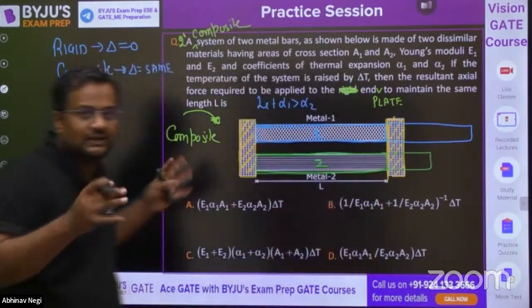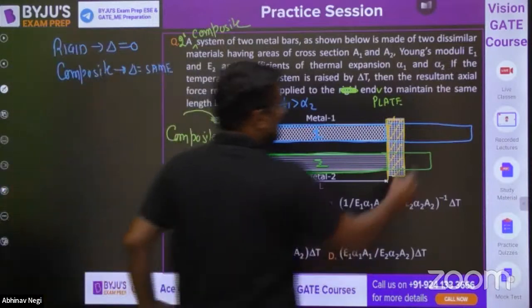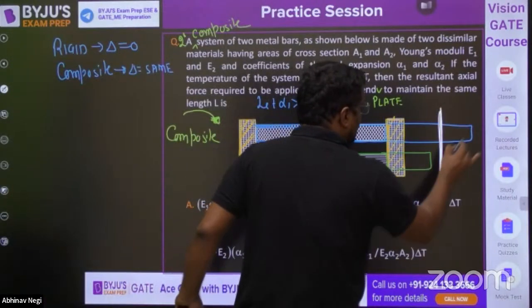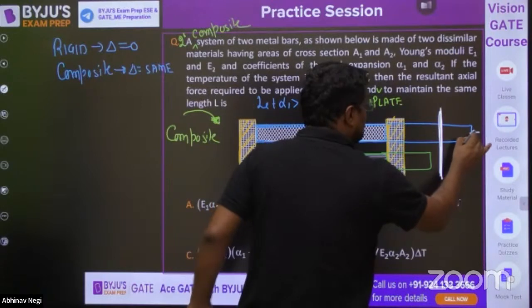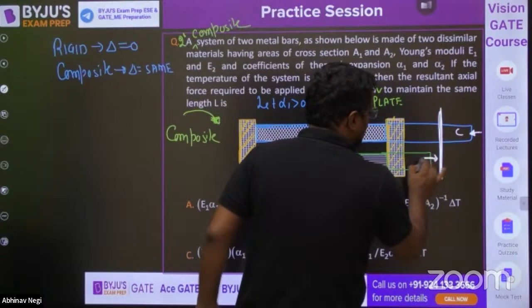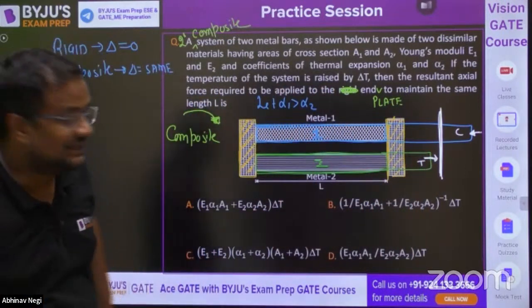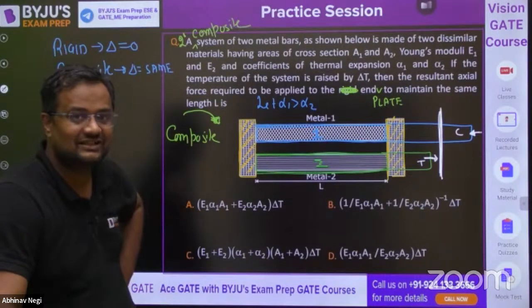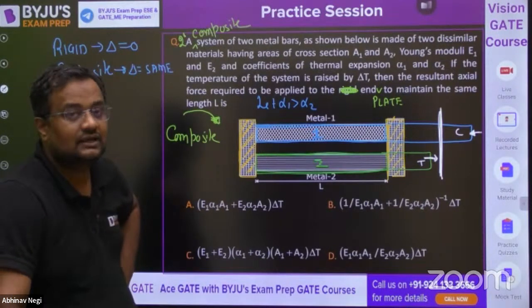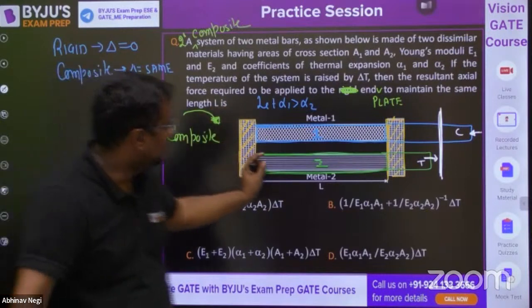But it is composite, so both have to settle to a certain value. In case of temperature increase, the larger alpha side will be in compression and here it will be tension. But in this case, the length will not be L, the length will be the same.